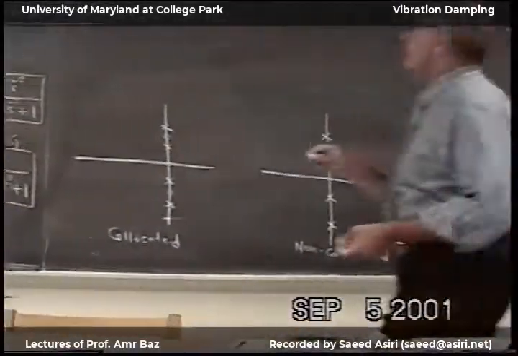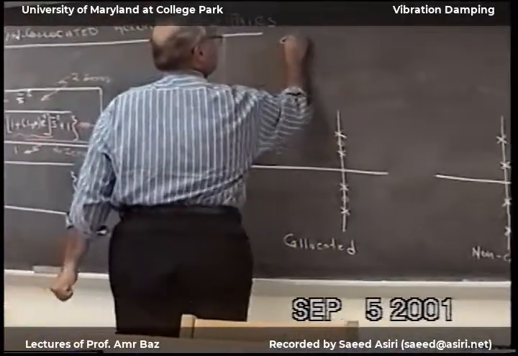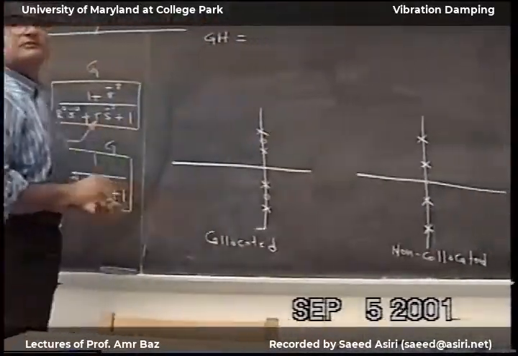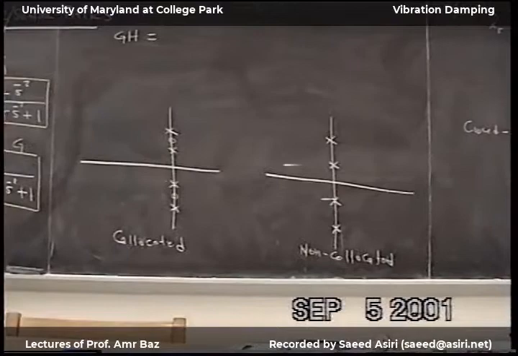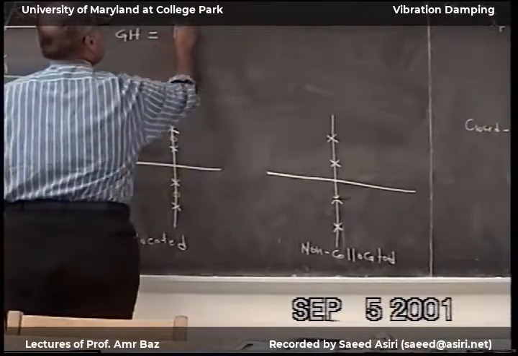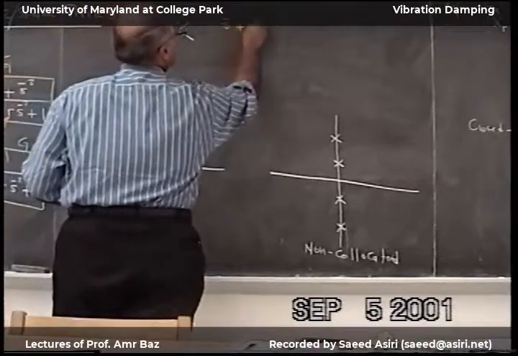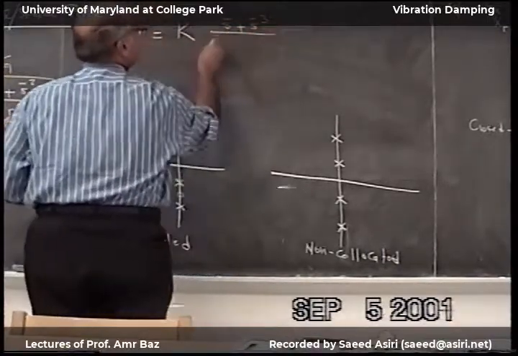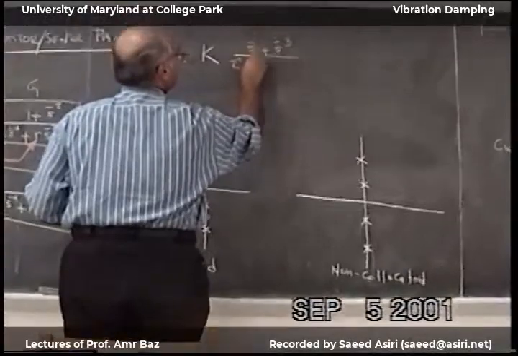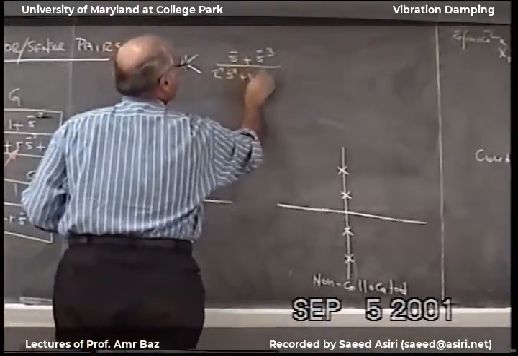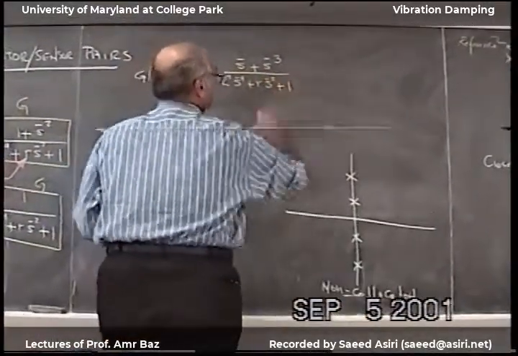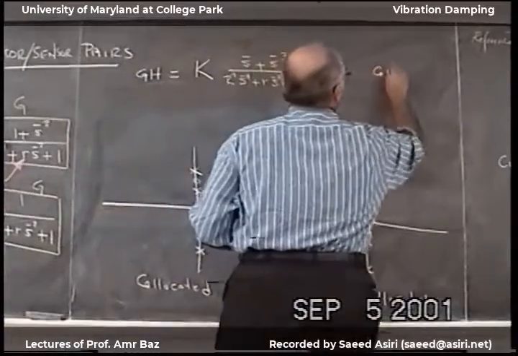So now the GH will equal to K S bar cubed divided by R squared S to the 4th power plus S bar squared plus 1 for the collocated.